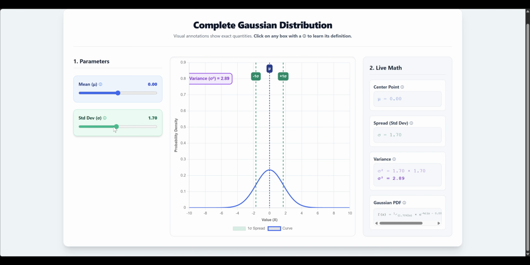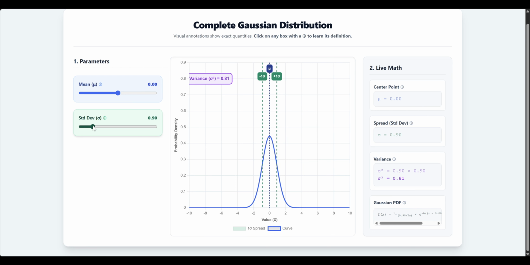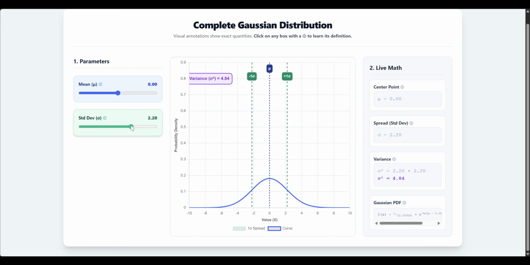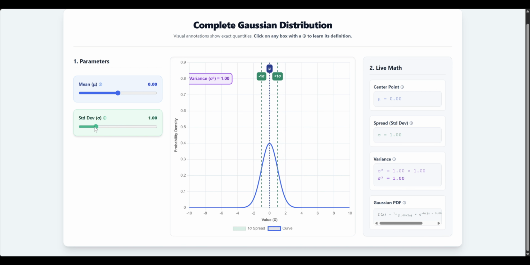Suppose your measurement has a standard deviation of this much, then you will be relying more on your measurement. If your state has a standard deviation of this much, you will still be relying more on the measurement because it has this standard deviation, and you are more certain in this case. So this is how the Kalman filter actually works.